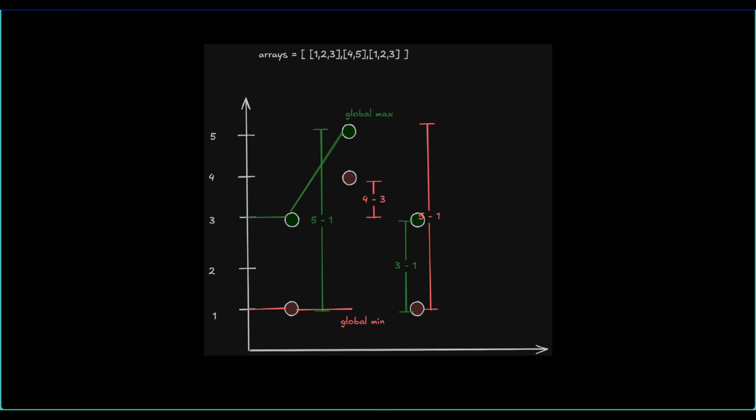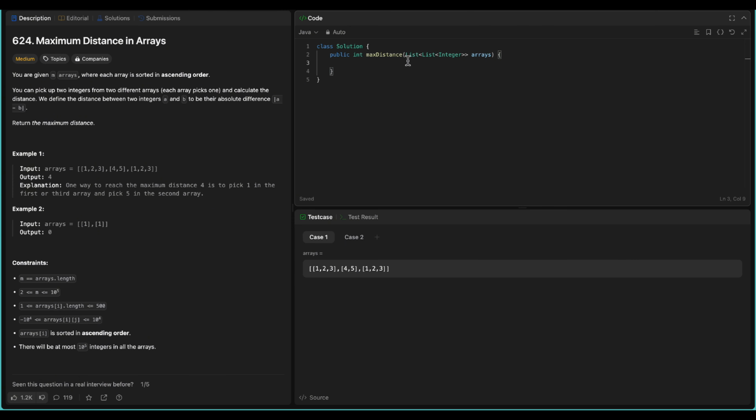Now let's jump into the code part. So the first thing we will do is define our global maximum and minimum, and we can see that m is at least 2. So we can take the values from the first array. So we first get the first array list and then we get the first element in that list. Similarly for the max value, you again select the first list, but now we have to get the last element using array size - 1.